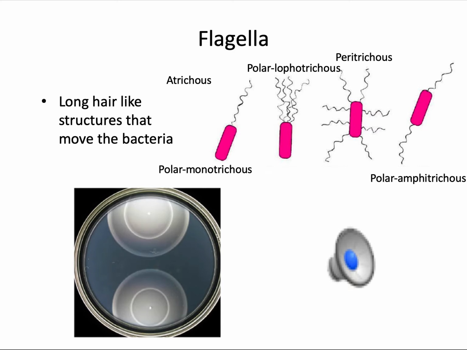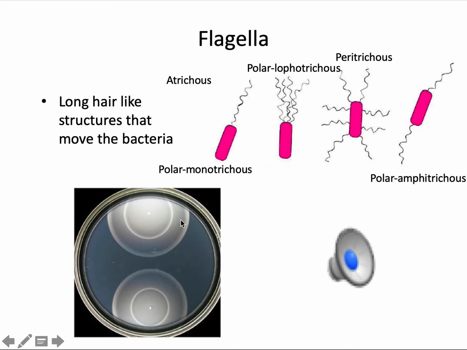If it's just one, it's a monotrichous. You may have several of them coming from just one pole. That is, it's still polar, but it's lophotrichous. It may have two, each coming from one pole, and that is amphitrichous.